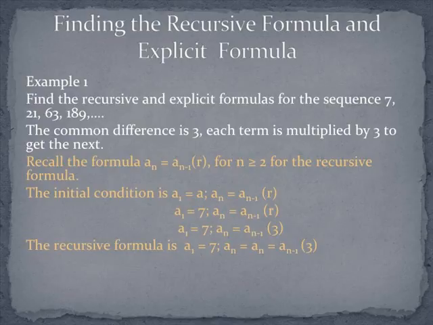The recursive formula is a sub 1 equals 7, and a sub n equals a sub n minus 1 times 3.